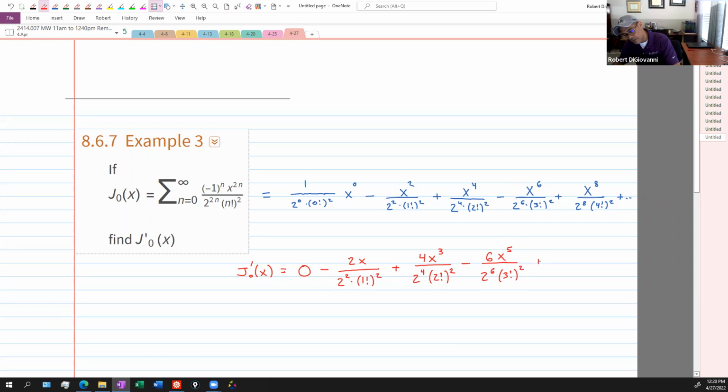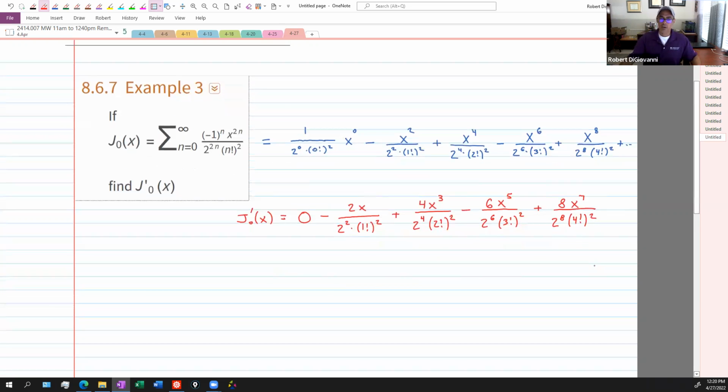One more. 8x to the 7th over 2 to the 8th, 4 factorial squared. That looked like I did everything okay there. I wrote out the first few terms and then I differentiated. This is what the derivative should look like.